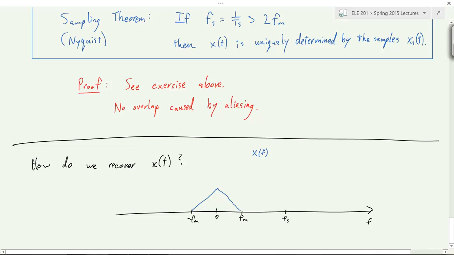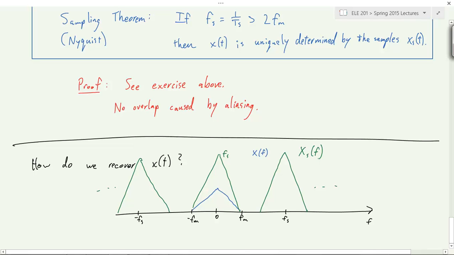Let's put it up here, Fs. The result of your sampling, here's the negative Fs, is that you get copies of this at those different locations, and you get it scaled. The scaling again is not super important, but let's put it here anyway. So you get that thing scaled to a height Fs, and you get copies as well, and it's periodic. So that's the sampled spectrum.